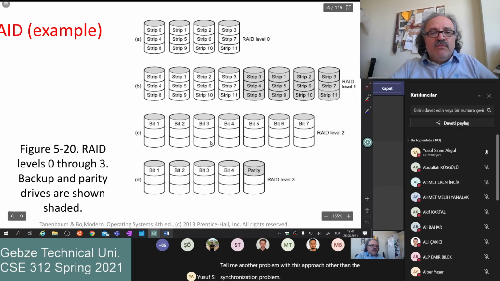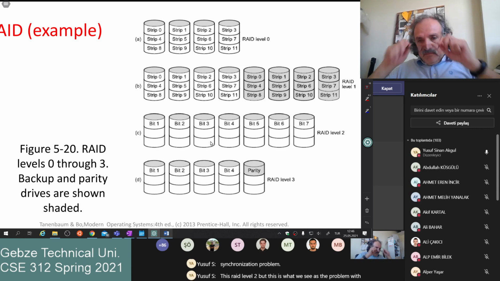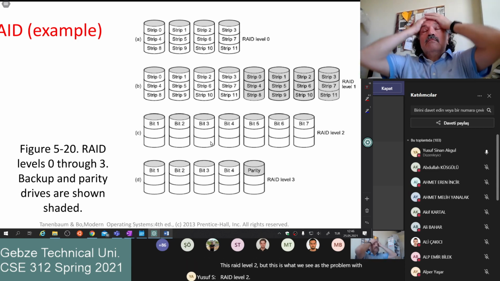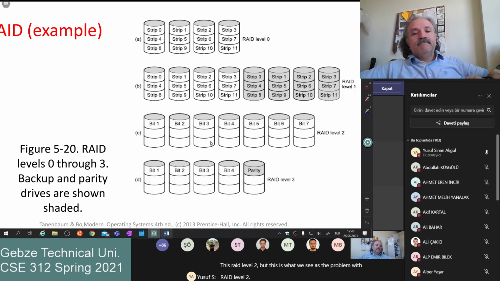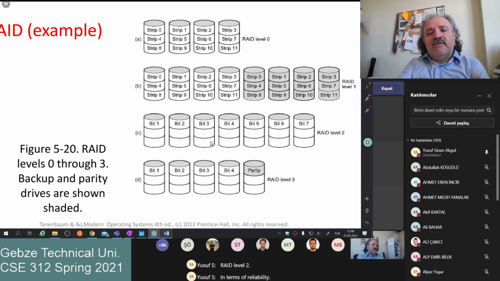This is RAID level 2. What do you see as the problem with RAID level 2? In terms of reliability, think about the reliability.